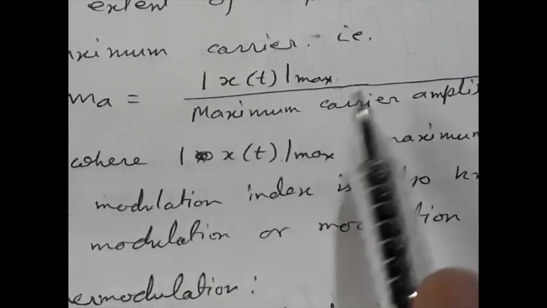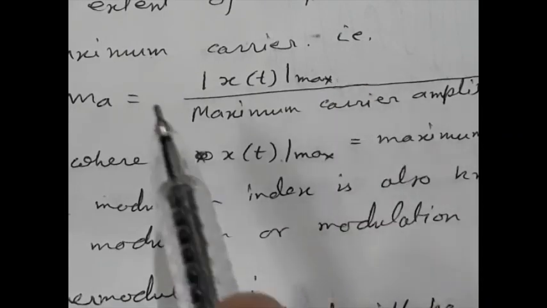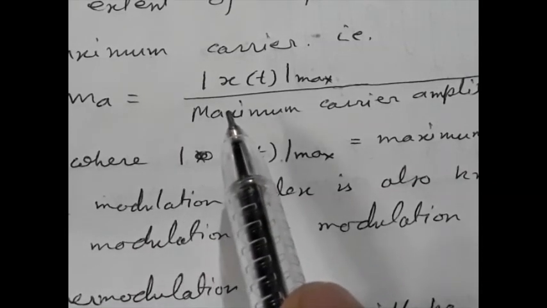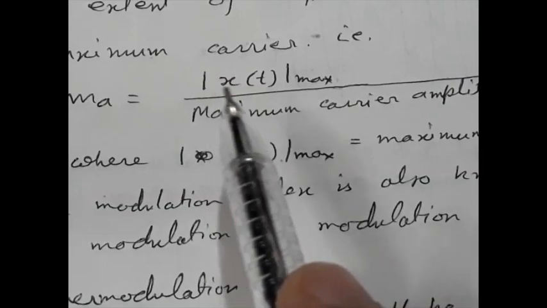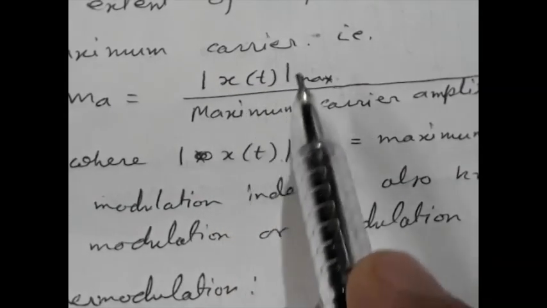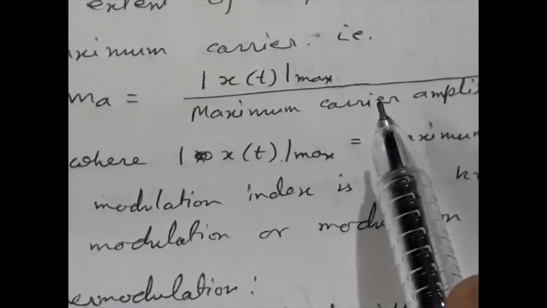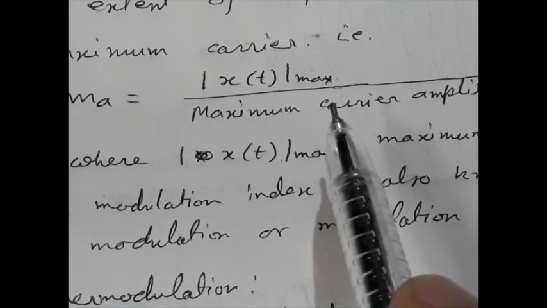Now we can multiply this expression by 100 to express mA in percentage. So most of the time for amplitude modulation, as long as x(t) max is made smaller than the carrier amplitude, the modulation index is less than 100%.